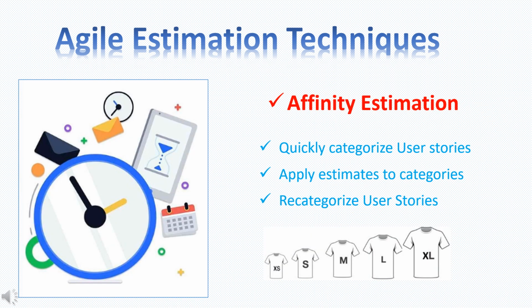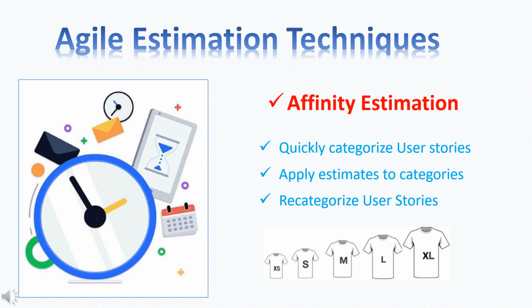In affinity estimations, user stories are grouped in relative sizes. For example, it could be extra small, small, medium, large, and extra large. In fact, what we call this is set sizing. After the team has grouped the user stories into these categories, the product owner then has the opportunity to challenge the size of the user stories.